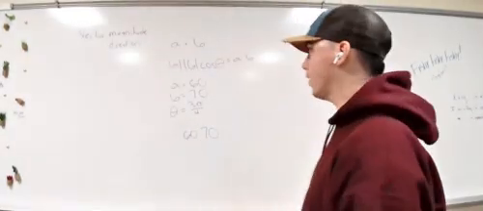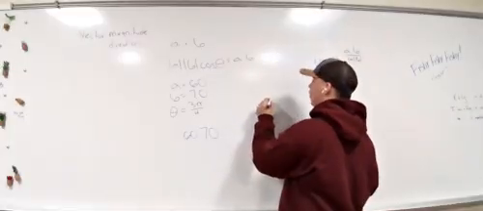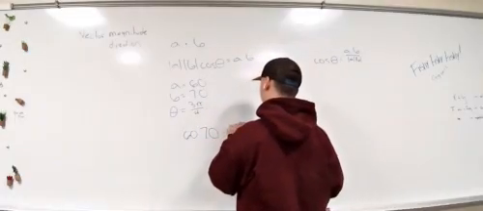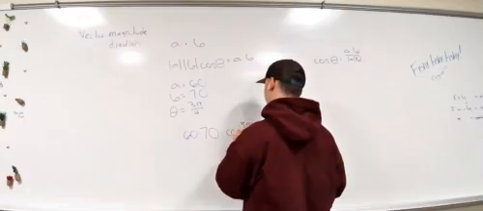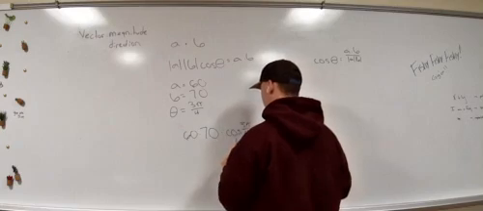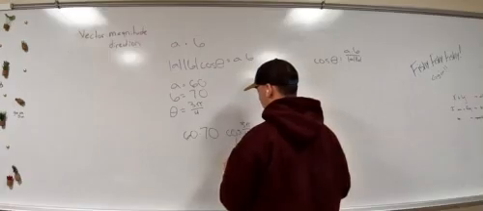The cosine value of 3 pi over 4 is negative root 2 over 2.